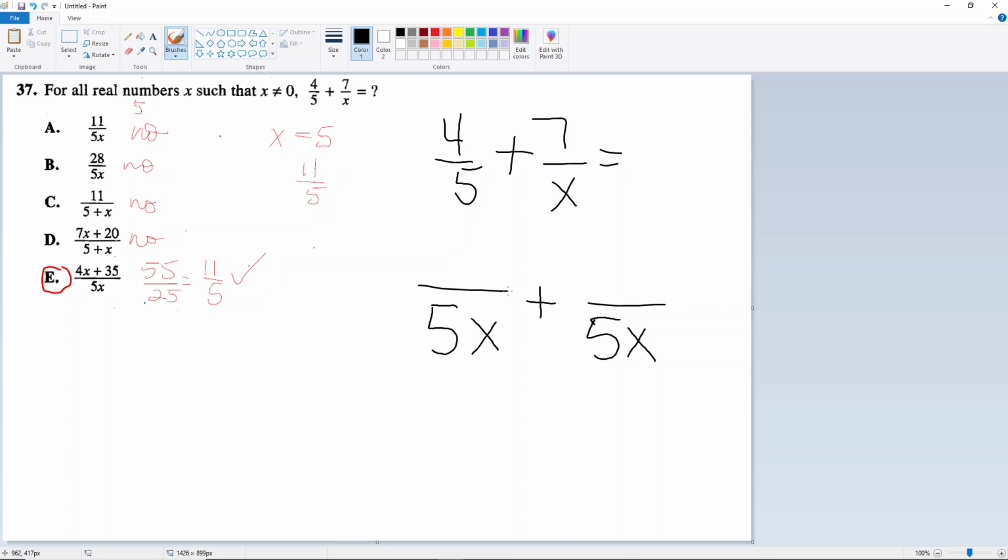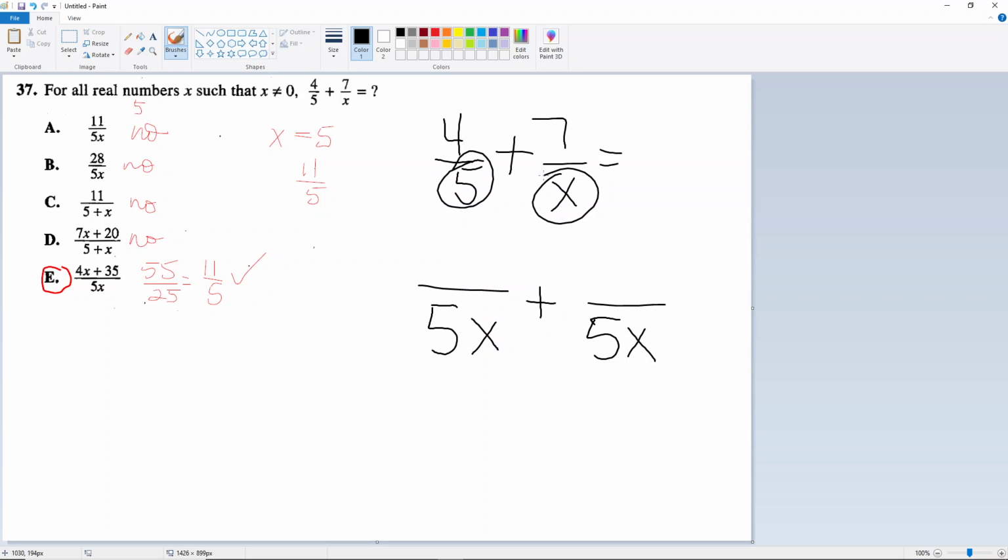And by the way, to find the least common denominator, you can find the least common multiple on your calculator. On the TI-84 family, it's math, num, and then you go down, I think it's number 8, called least common multiple. That's the least common denominator. But anyway, in this case, the least common denominator is just 5 times x, or 5x.